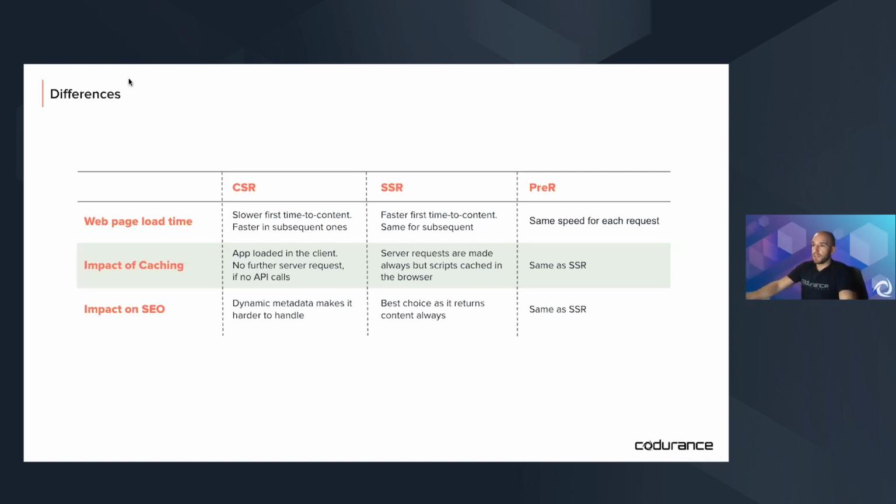For server-side rendering, it's going to happen more or less the same, but just in the requests made between cached scripts in the browser. This means that if you are using, for example, Bootstrap in your application, it's going to be cached from one request to the other, so it's not going to ask the server again to return it.